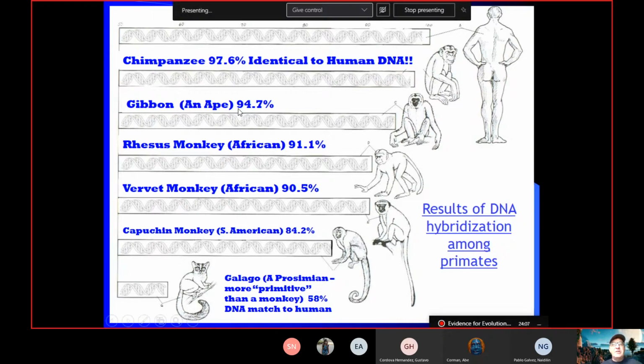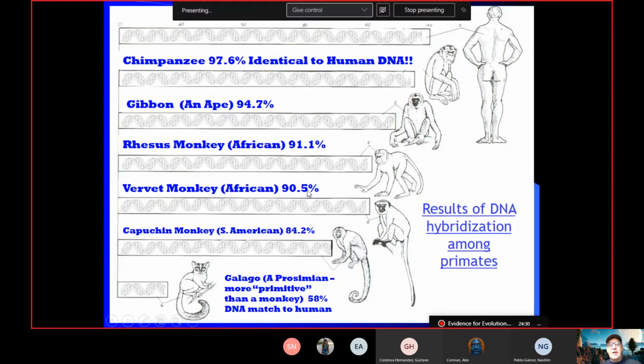Well, it turns out the gibbon isn't quite as close as the chimp. And then when we go to the monkeys, they're even more distant than the gibbon was. But still, this little monkey right here, 90% of the DNA in that guy is the same as you and me. It must be the 10% that makes us different, huh?